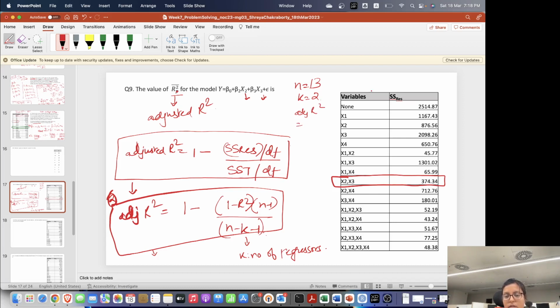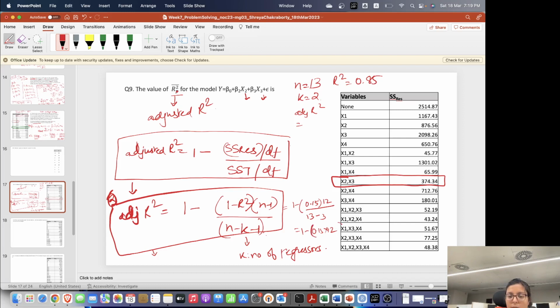If we use this, 1 minus R square was 0.15, so this will be 1 minus 0.15 into 12 divided by 13 minus 3, which is 1 minus 0.15 into 1.2.